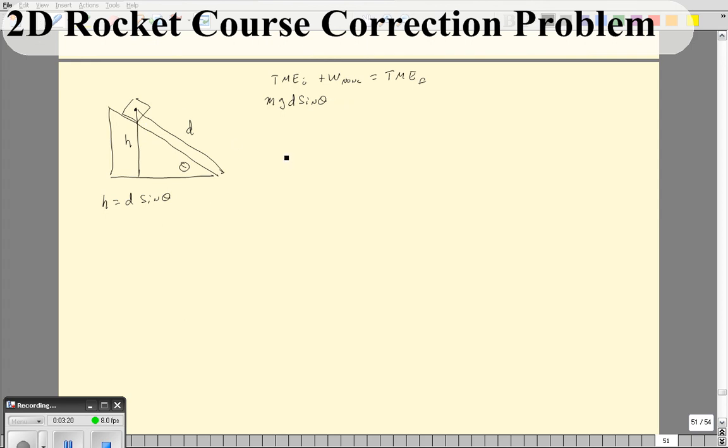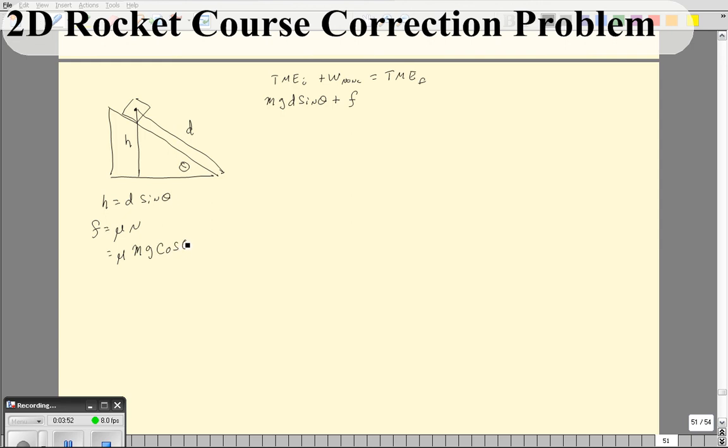So now as you go down the hill, you're going to have work non-conservative. That work non-conservative is going to be done by friction. Well, the friction going down the hill here is going to be equal to mu times the normal force. And the normal force, because we're on an incline, is going to be, instead of just equal to the weight force, only part of that weight force. It's equal to the part that's perpendicular to the incline, which, if you recall, is mg cosine theta.